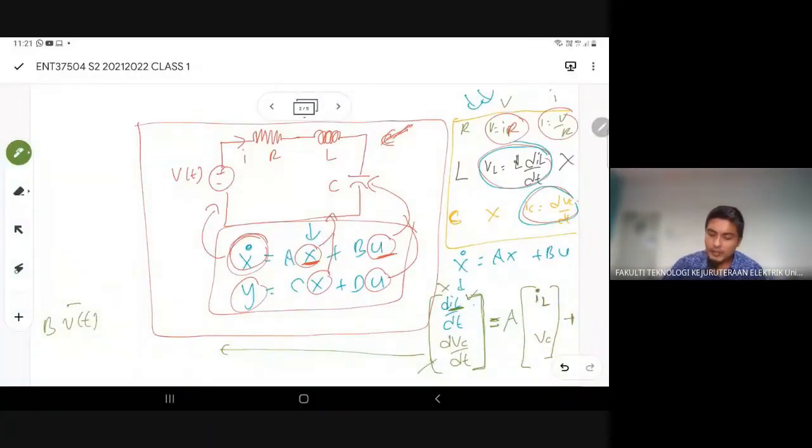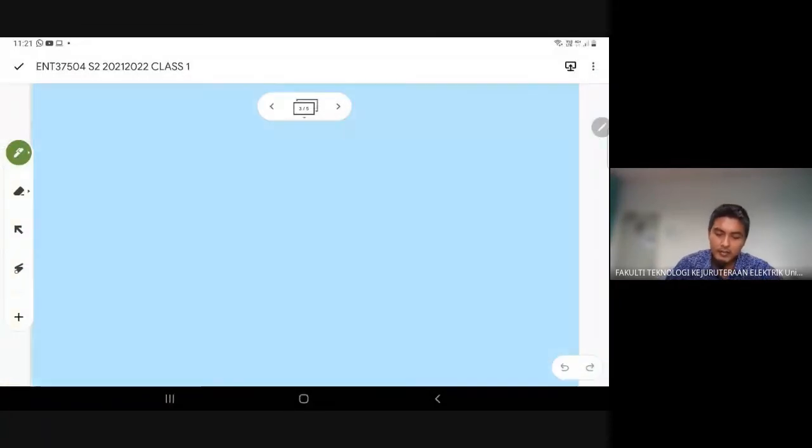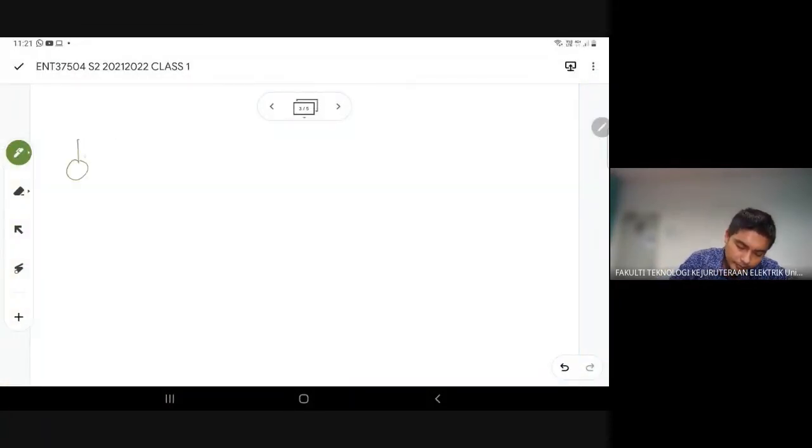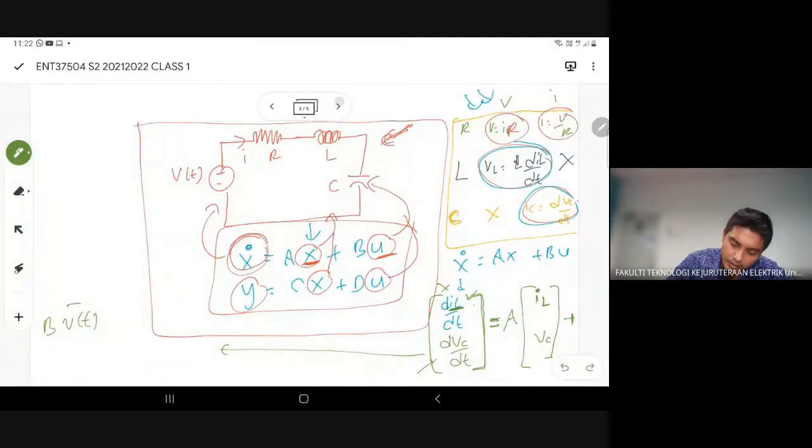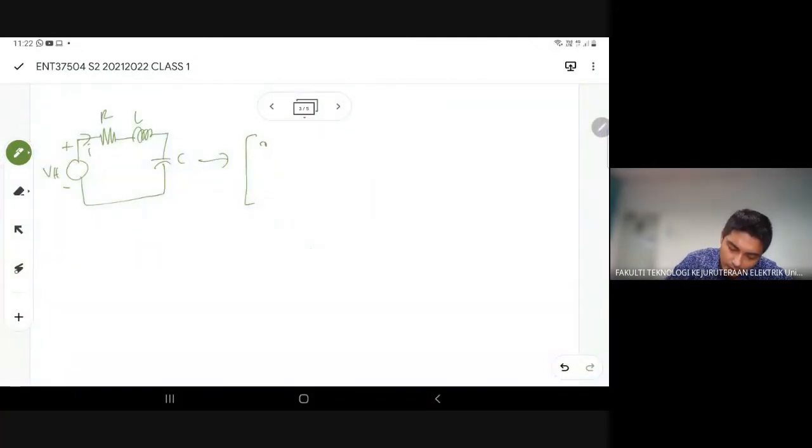So you can see that from this RLC circuit, with R, L, and C, positive, negative, V(t), I, you can extract the information. The first is dIL over dt, and the second is dVC over dt.